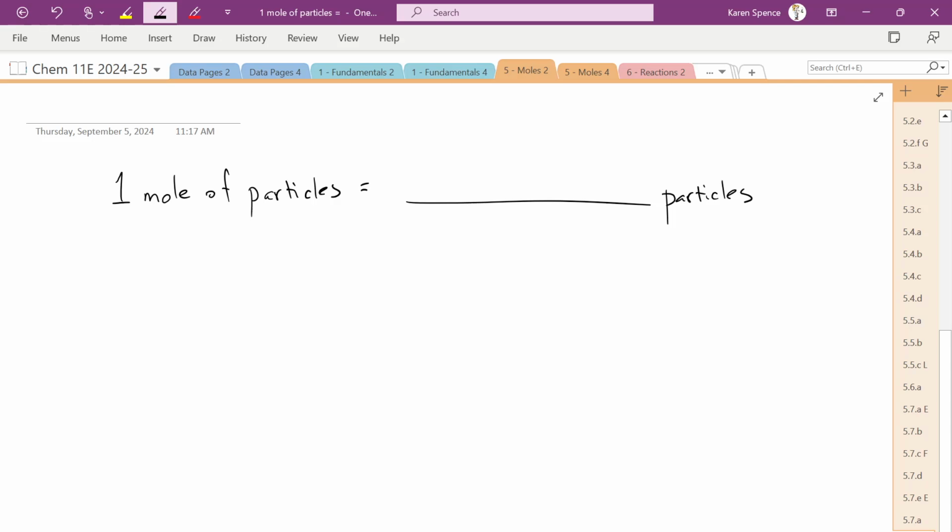This is also as easy as 1, 2, 3. Isn't that nice? So if you ever forget, is it 24? Is it 22? Is it 25? It's as easy as 1, 2, 3. And then you just have to remember the 6.02. But you will use it so often, you will never forget it.